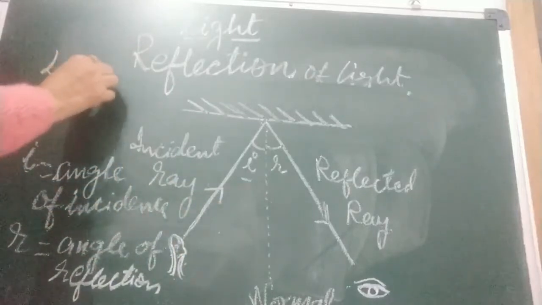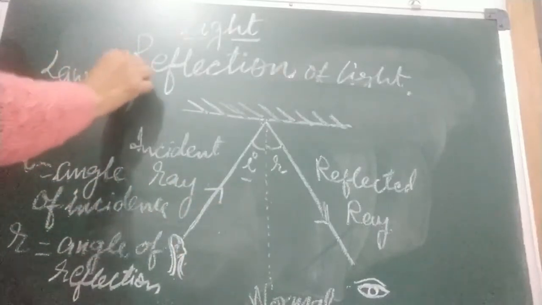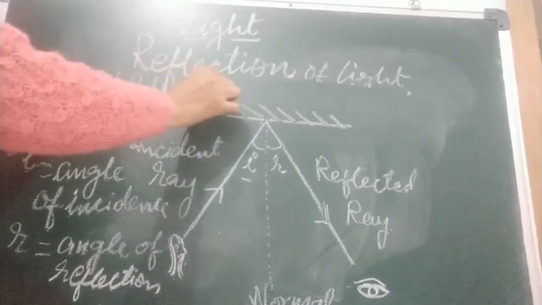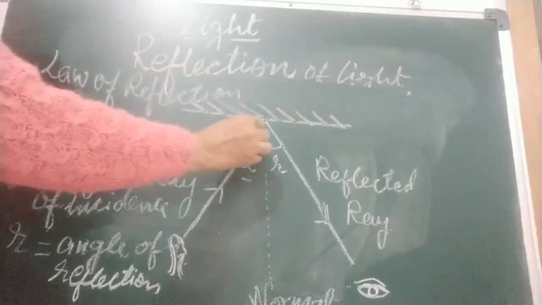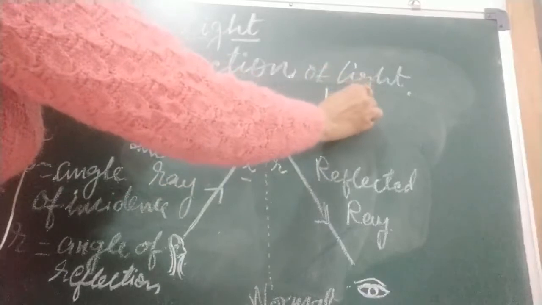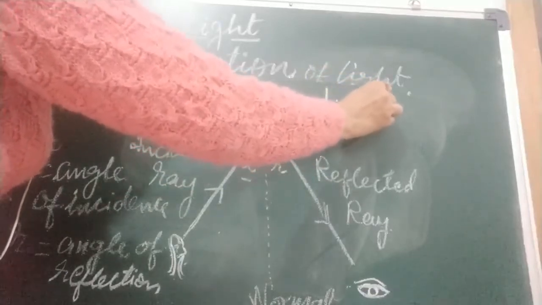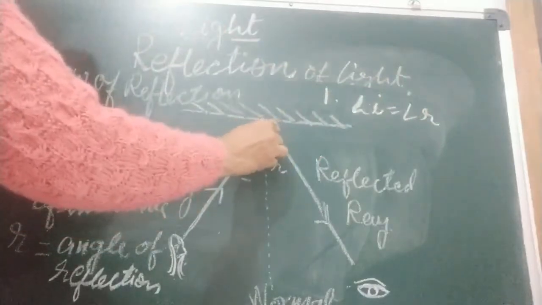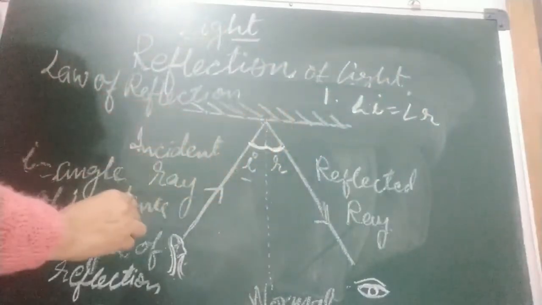So this is called the law of reflection. There are two laws of reflection. The first law is that the angle of incidence is equal to the angle of reflection. These two angles are always the same.